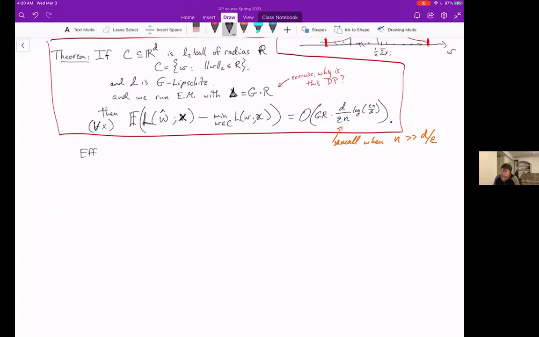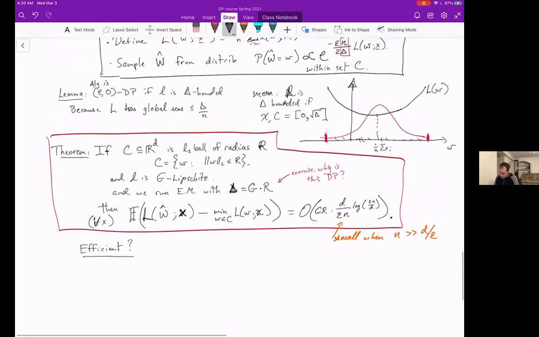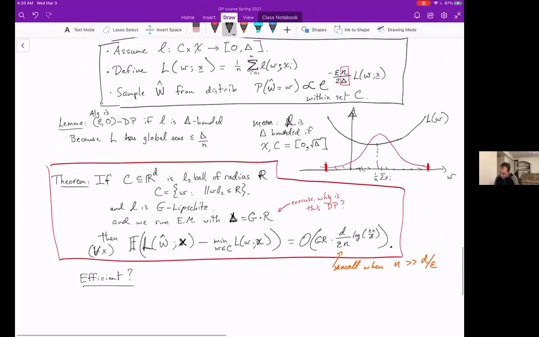So before we jump into the proof of this, it's interesting to ask if this algorithm can be made efficient. This is a pretty weird algorithm where we define this probability distribution, and we're taking samples from a continuous set. So it's a continuous probability distribution with this weird e to the whatever function.